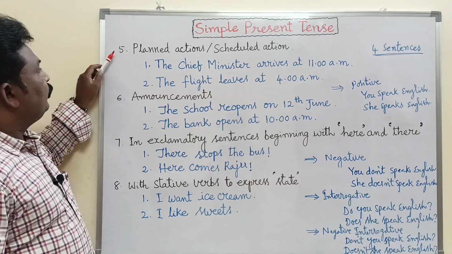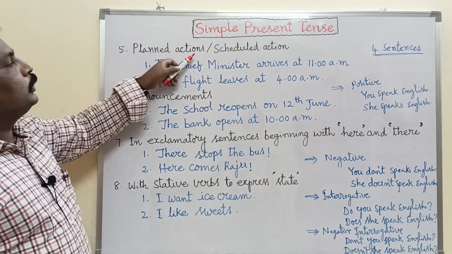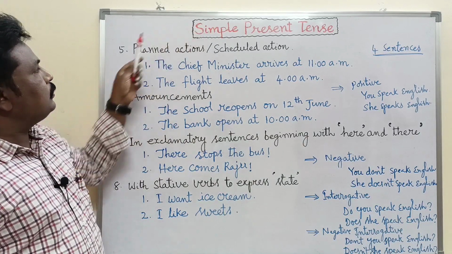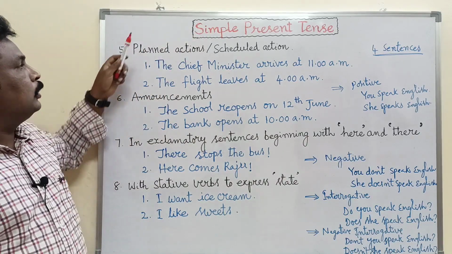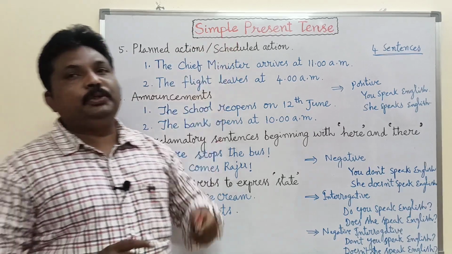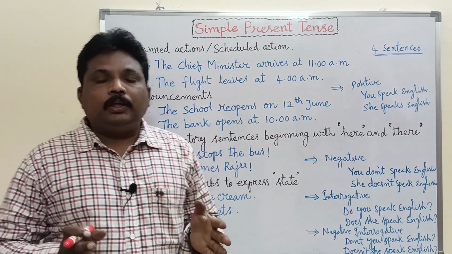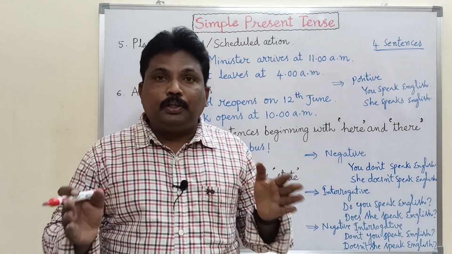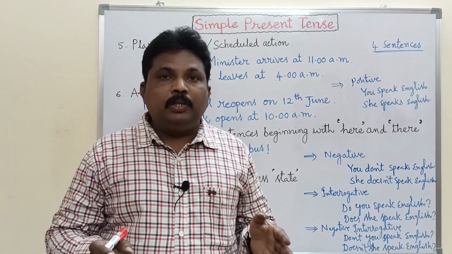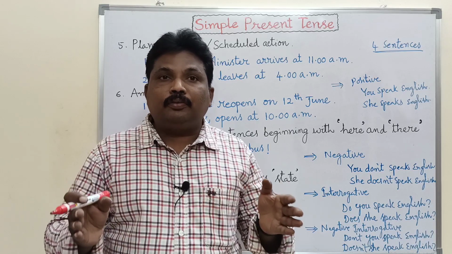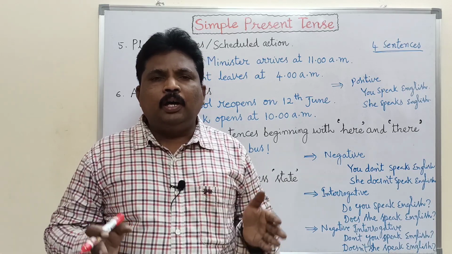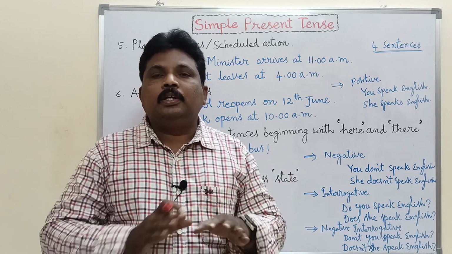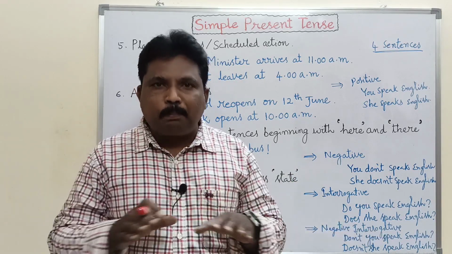Fifth one, planned actions or scheduled actions. Simple present tense is used to express planned actions or scheduled actions. You see, in case of celebrities or important people like chief minister, prime minister, president of a specific country, about their actions, about their activities, there is a fixed schedule and planning.